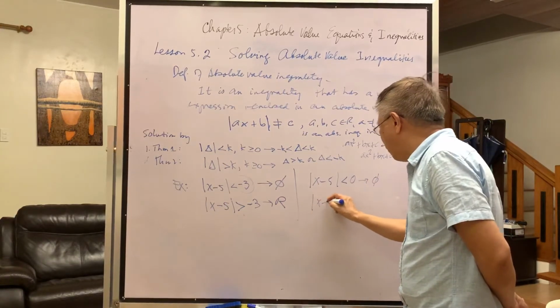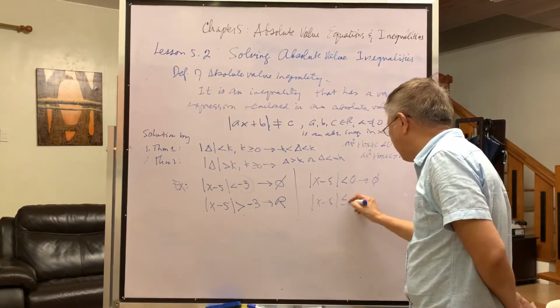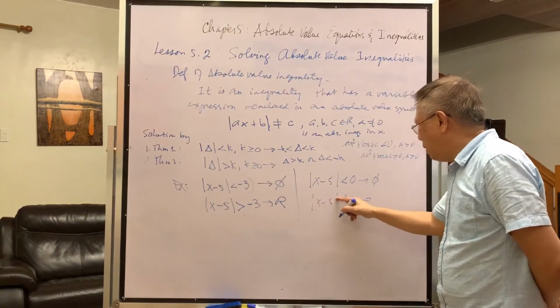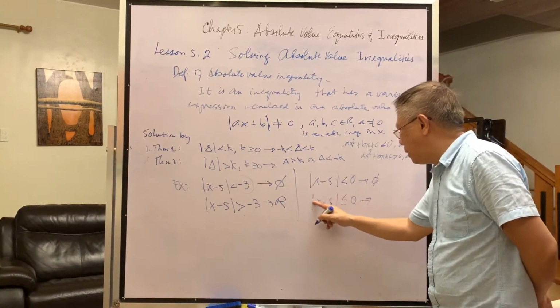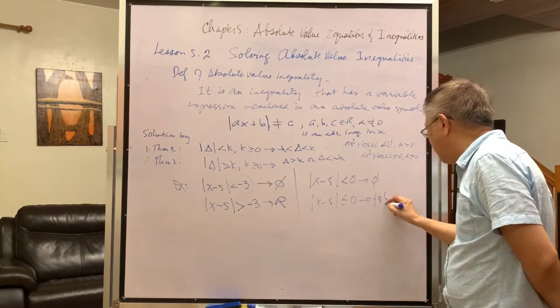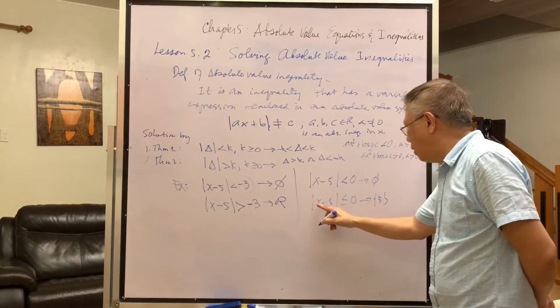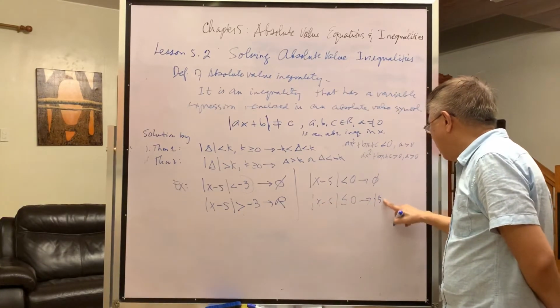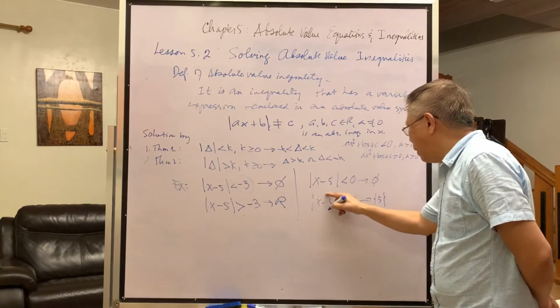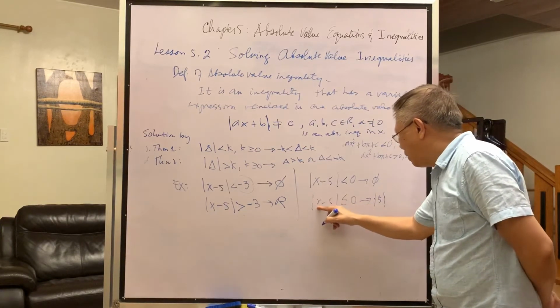What about absolute value of x minus 5 less than or equal to 0? So I allow this one to be 0. What will make this 0? It will be 5. So there is one number that will satisfy that inequality, and that number is 5. 5 minus 5 is 0. Any other number than 5 will make this expression greater than 0.